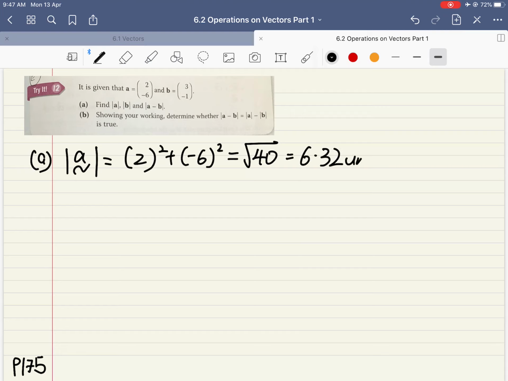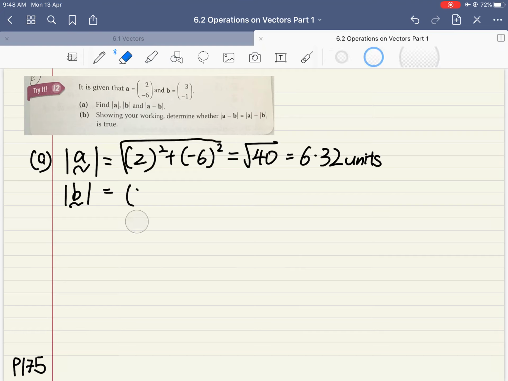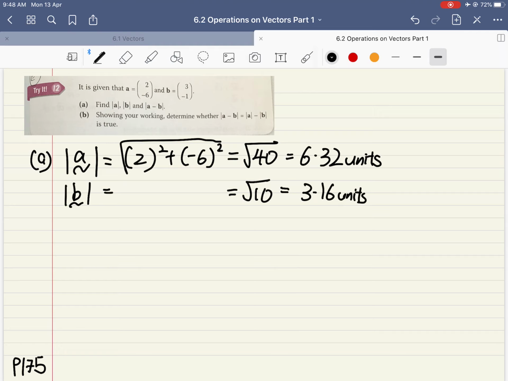It gives me 6.32 units. Magnitude of B, I'll just shortcut the working. Sorry, I forgot the square root, the top part. Going by the same logic, for the magnitude of vector B, I'll get square root of 10, which is equal to 3.16 units.